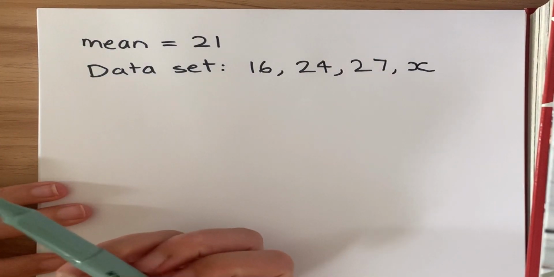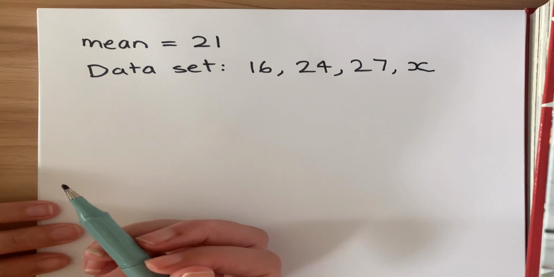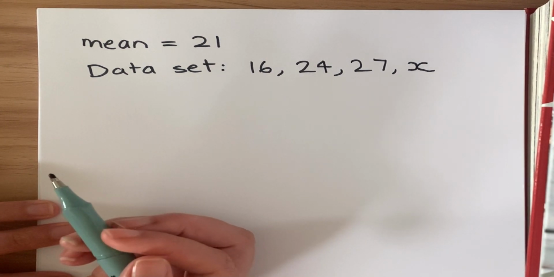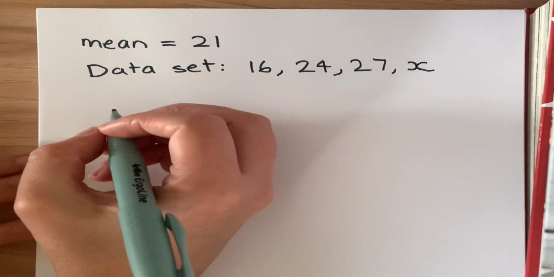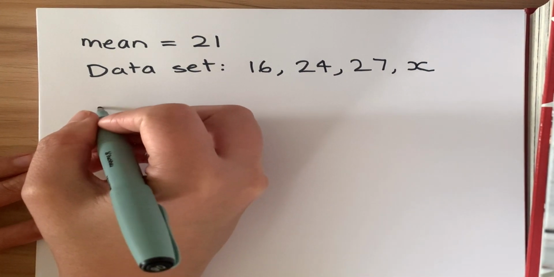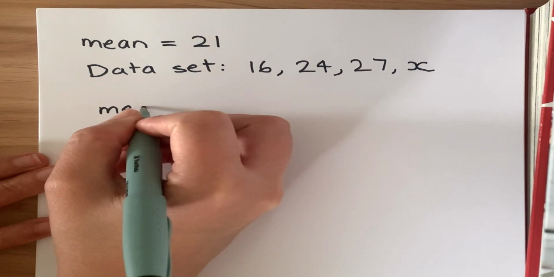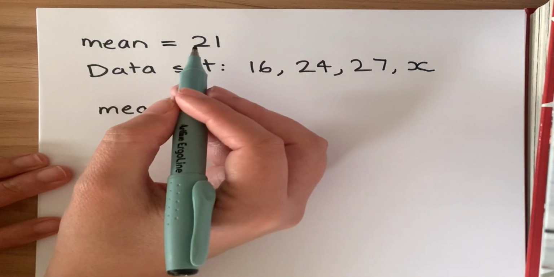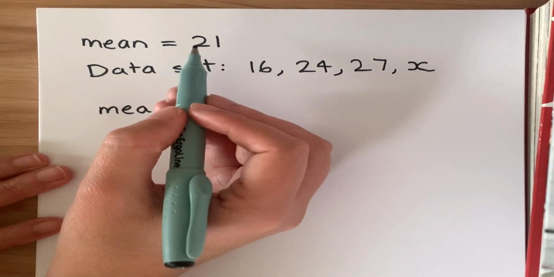So we haven't done anything new, but I am going to write one more piece of information, and that's just the formula that we learned this lesson. So let's remember the formula for mean. The reason I'm doing this is because I know this question's asking me about the mean, and I'm probably going to have to use it.